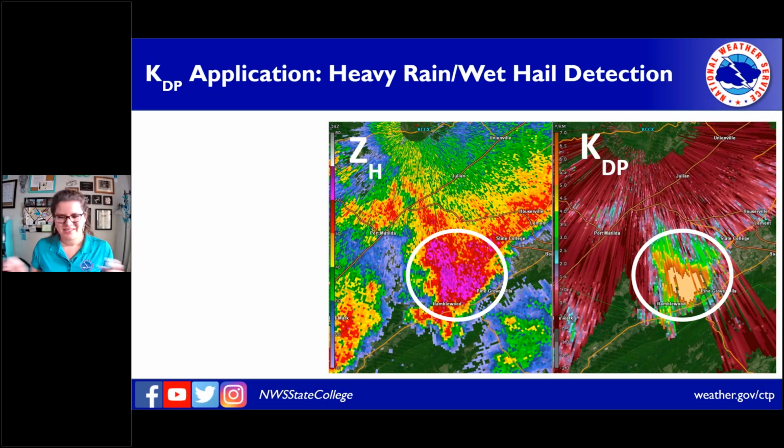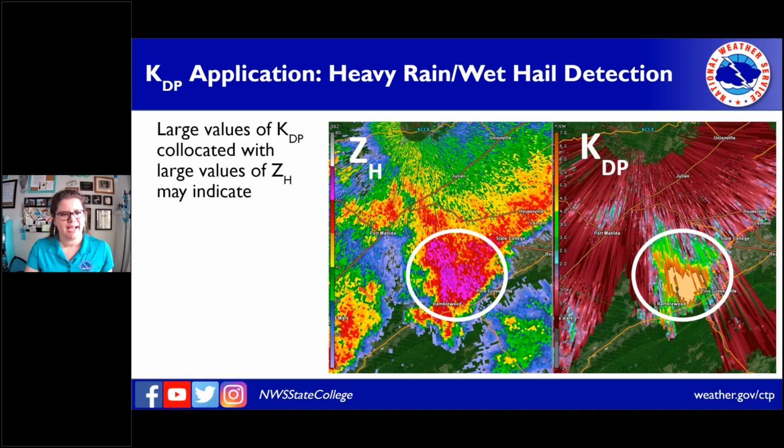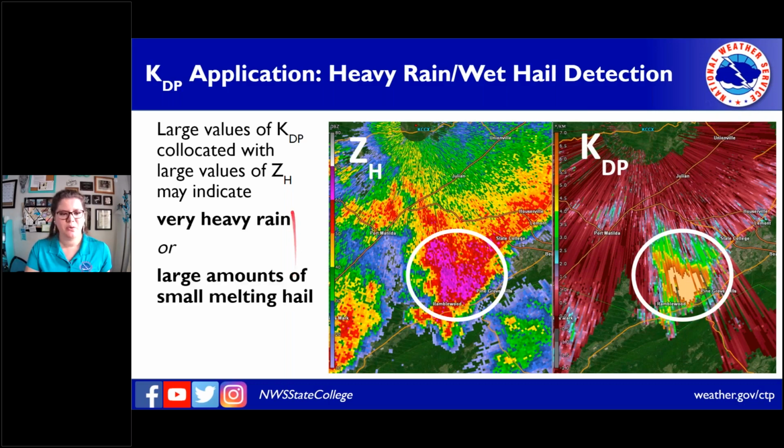And we get this loop of water around the stone, so it actually makes the stone have more orientation in the horizontal or X direction than in the vertical. So it makes our stone more non-spherical as it's melting. So with that, we get not only an enhancement in reflectivity, but we also get the enhancement in KDP. So very heavy rain or small melting hail.